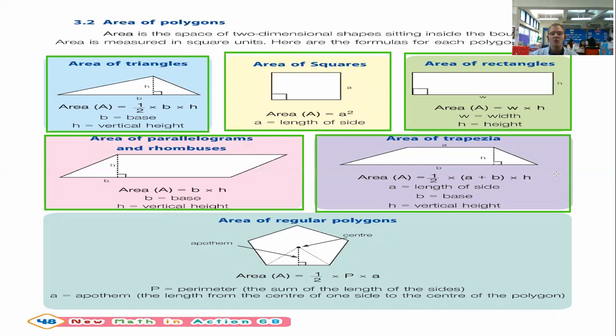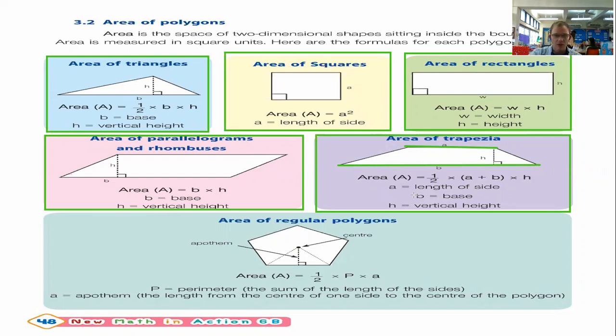Okay, so for that, we use half times A plus B times H. Now, A is the length of a side. So that's going to be the side that is opposite the base over here. That's the length of a side. B is going to be our base, and H is our vertical height.